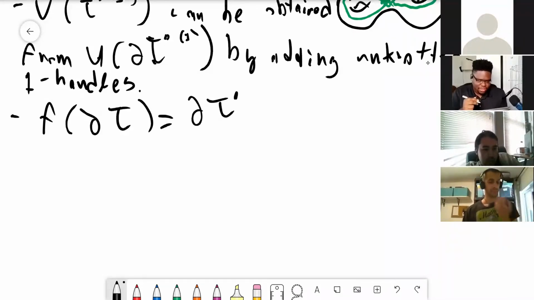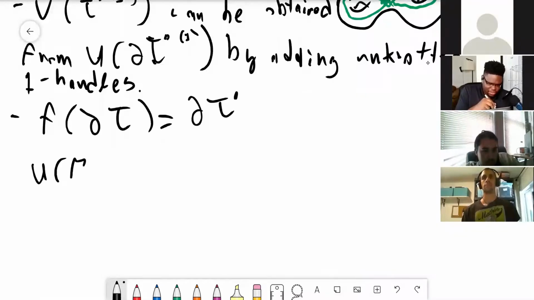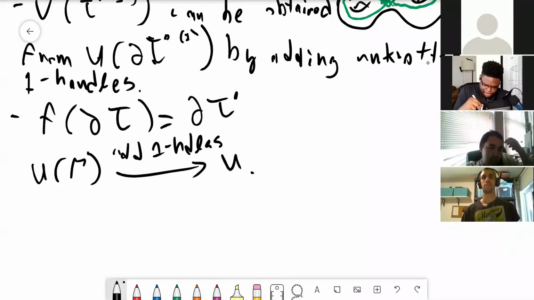So if this were true, then what you say is that, okay, well, if I started with a neighborhood of gamma, I can add these one handles that are unknotted.